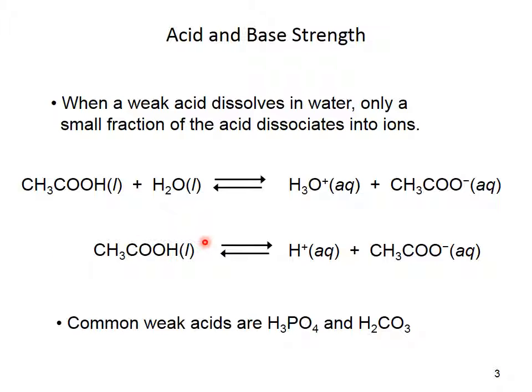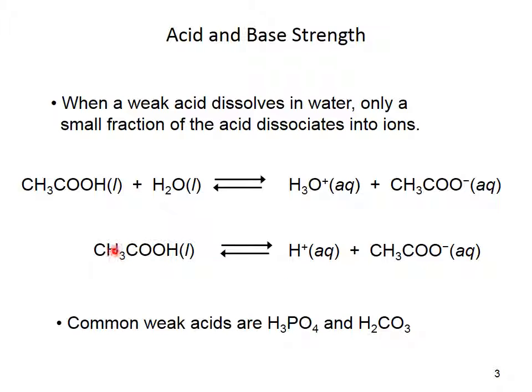In order to indicate a weak acid, not only do we show the forward reaction, but we show the reverse reaction saying it's going back this way. And you will recognize that when you have a forward and a reverse reaction, we've got an equilibrium. So anytime you have a weak acid, you actually have an equilibrium dissociation.